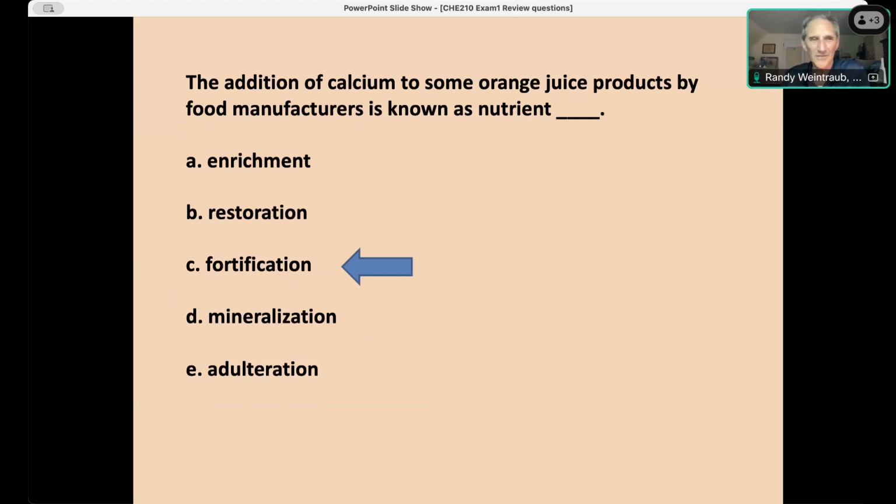It wasn't there before. Is that right? No, this answer is wrong. It is enriched. It wasn't there before. Fortified means it increases in amount. Sorry about that.